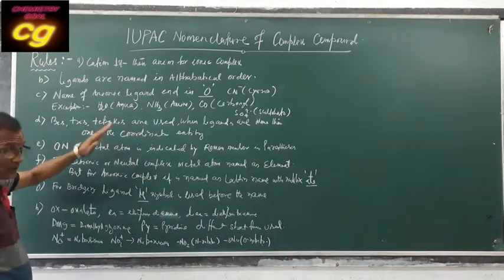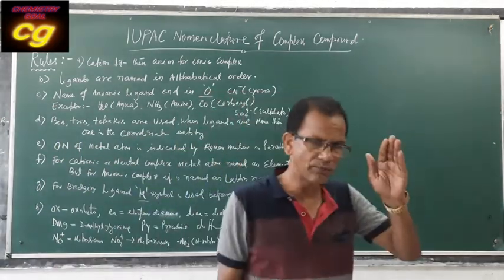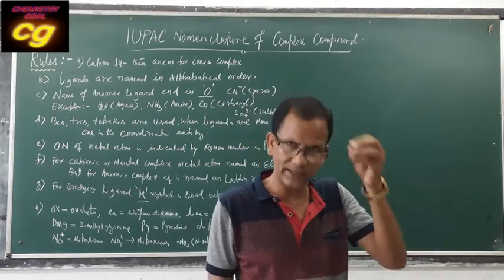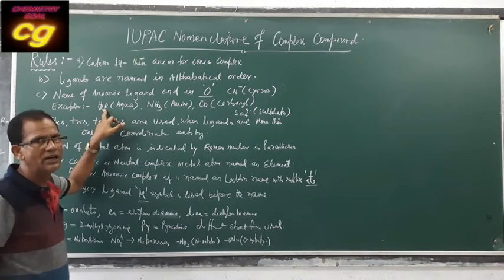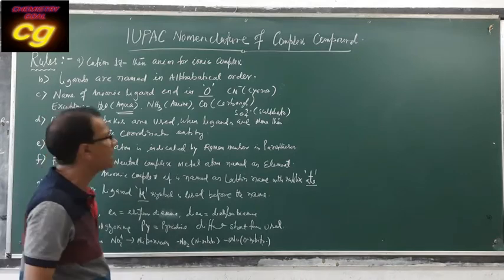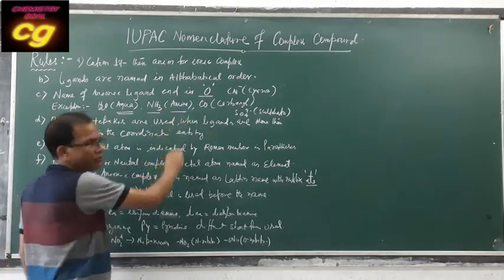But if the ligands are neutral ligands, then their direct name will be used without changing the name, but there are some exceptions. For example, water is not called water, it is used as aqua. You have to remember that the ligand name is aqua. For ammonia, the ligand name is ammine.